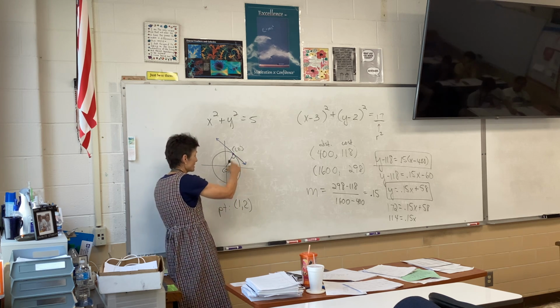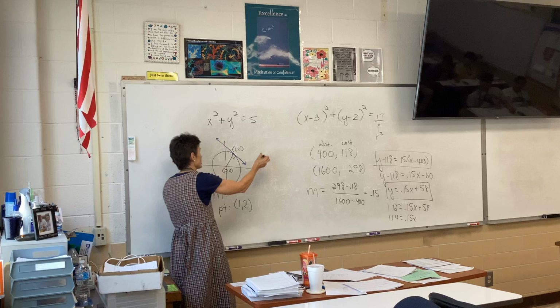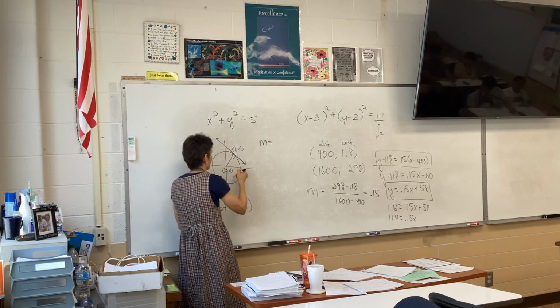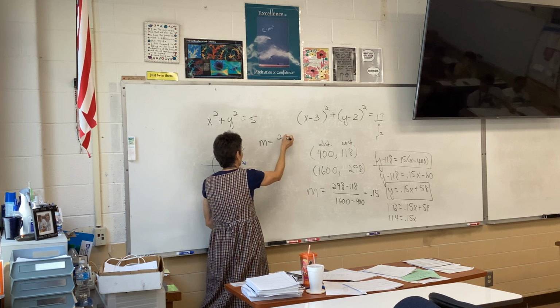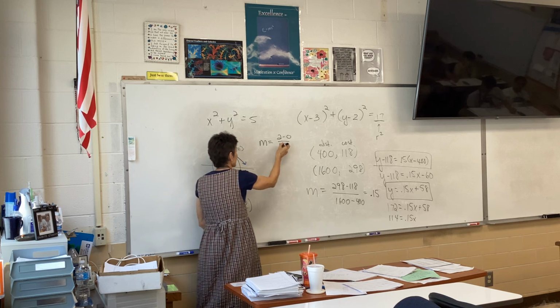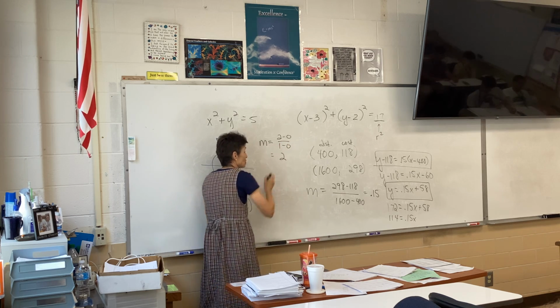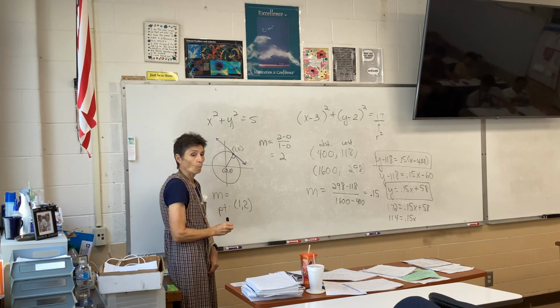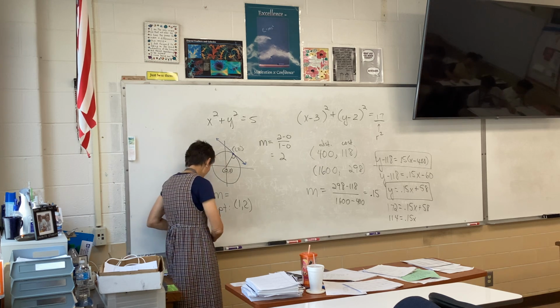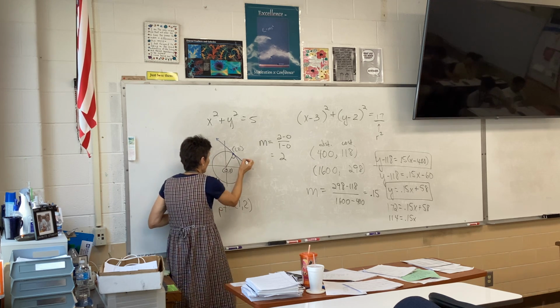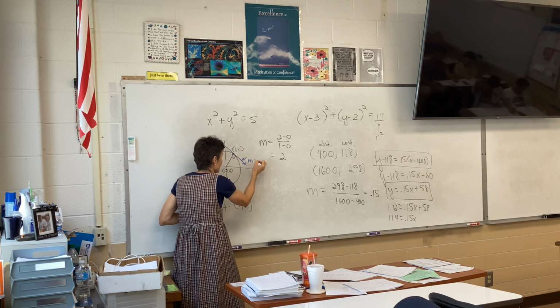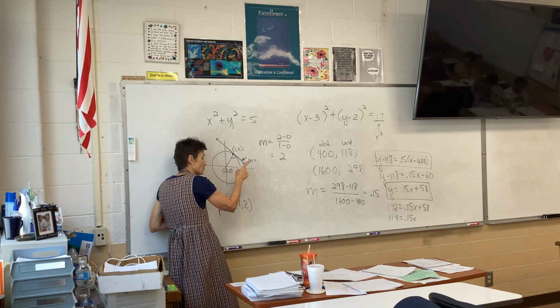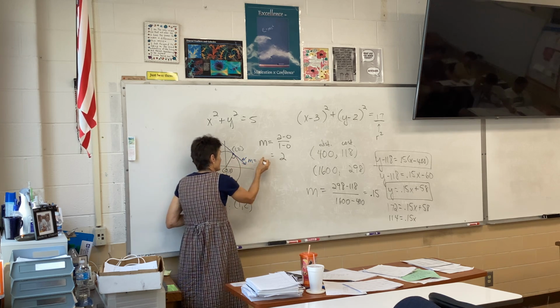You only have 2 points? Yeah. So what's the slope of the black line? 2 minus 0 over 1 minus 0. So that's 2. What does that make the slope of the blue line then if it is perpendicular to the black one? -1/2.